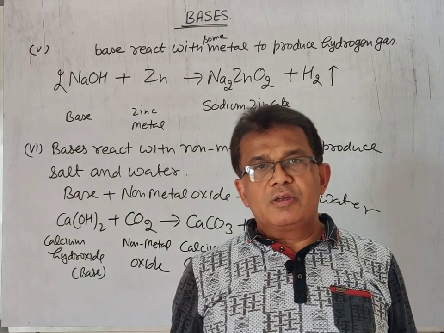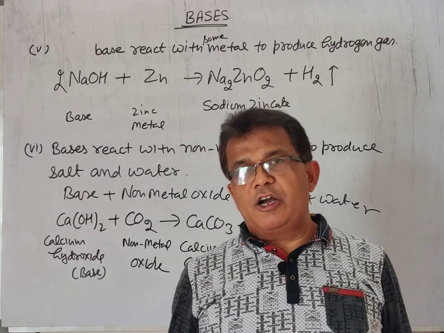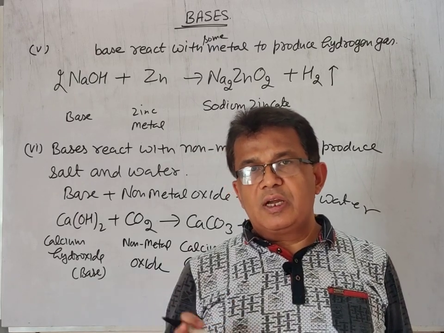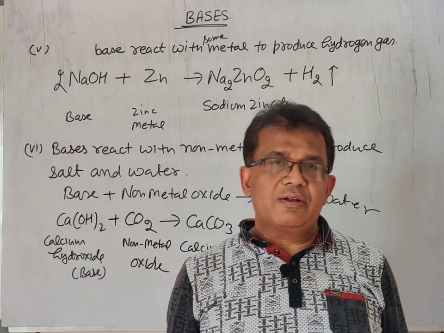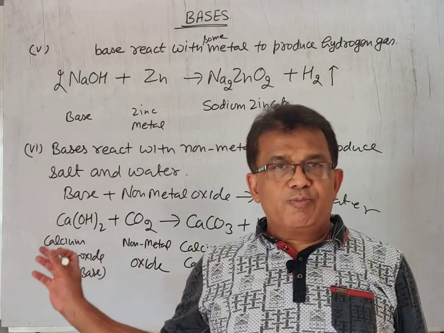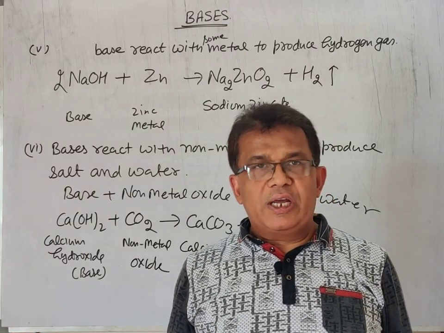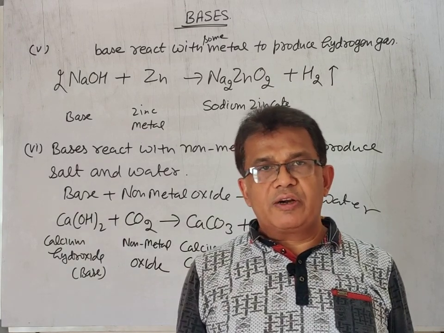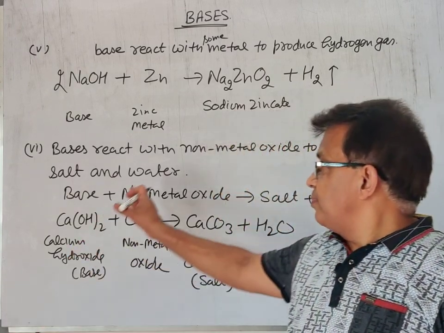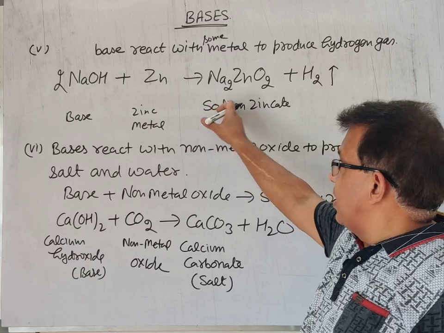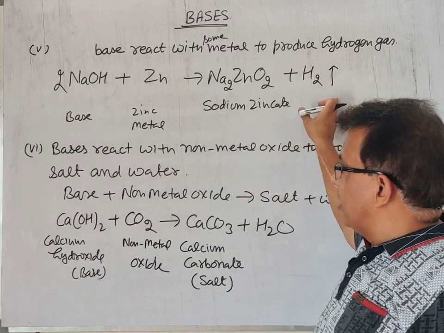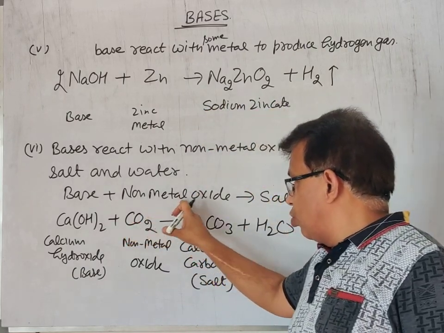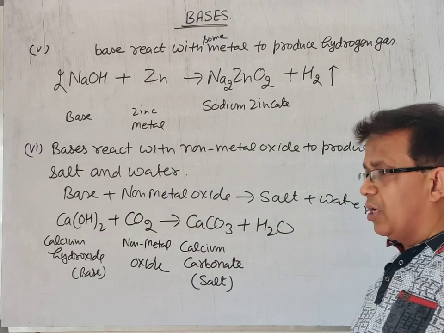If they are fully ionized, then they are strong base, and if they are partially ionized, then they are weak base. Properties: neutralization reaction, they react with acid to form salt and water, they react with some metals to produce hydrogen, and they react with non-metal oxide to produce salt and water.